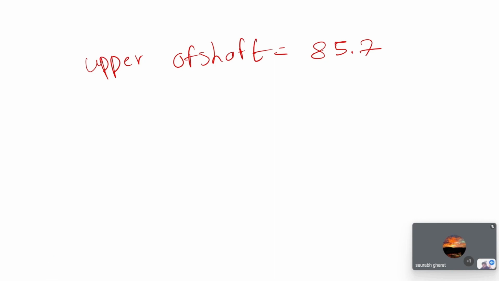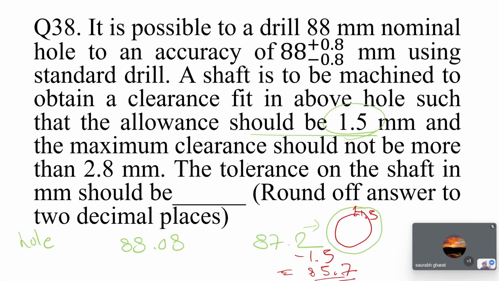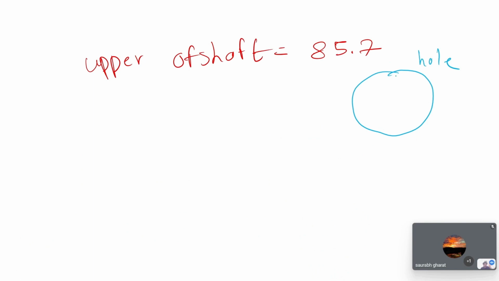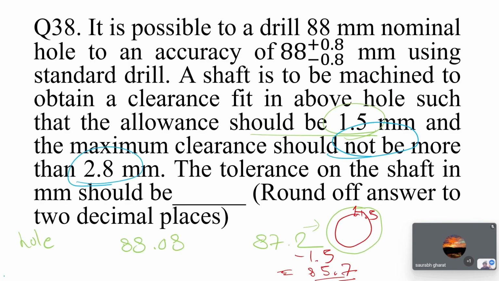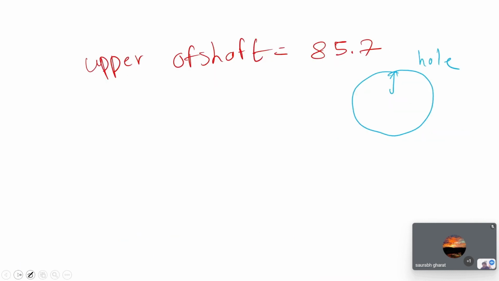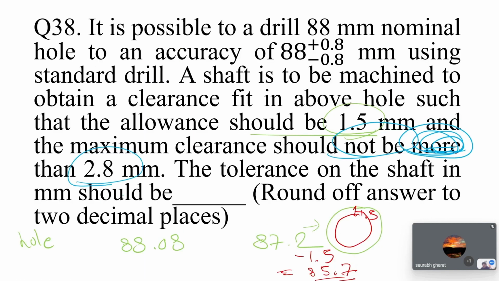Right now, you have your maximum hole, and this should not be more than 2.8. So it must be 2.8 or less than 2.8. See here what they have mentioned. If you do not understand, please click on it. Should not be more than. This is the important part here. Should not be more than what they have mentioned here, 2.8.